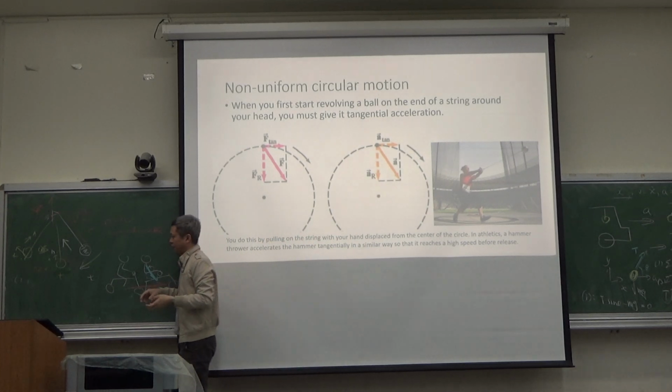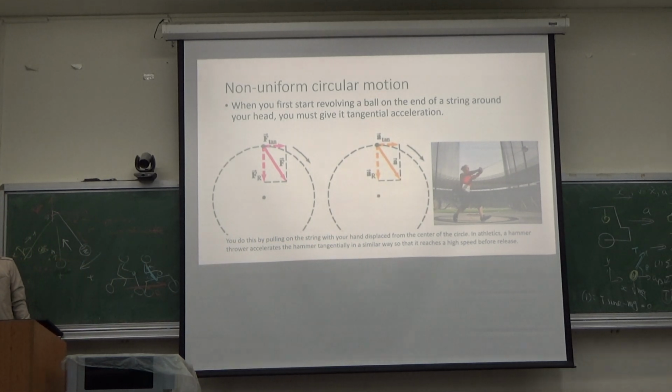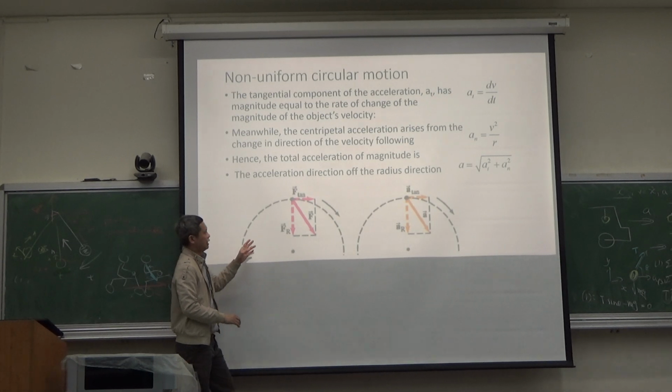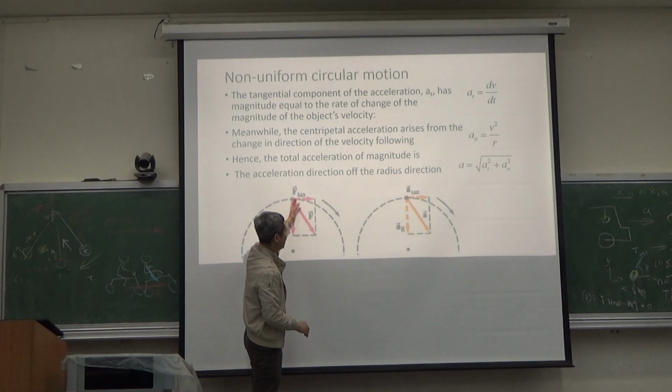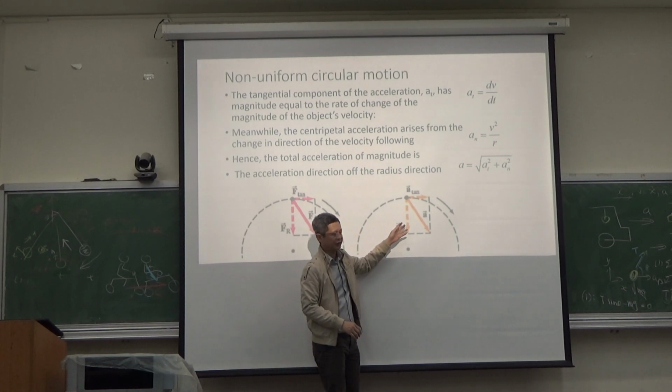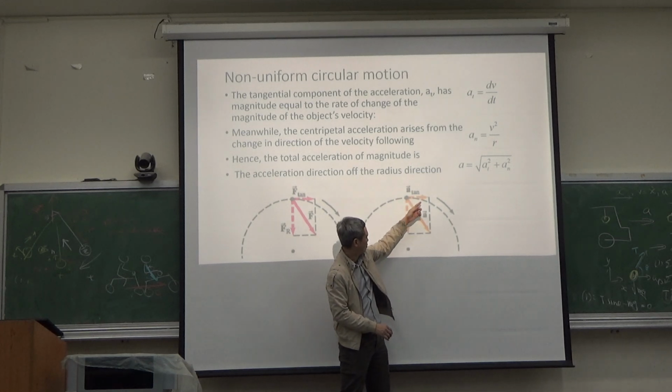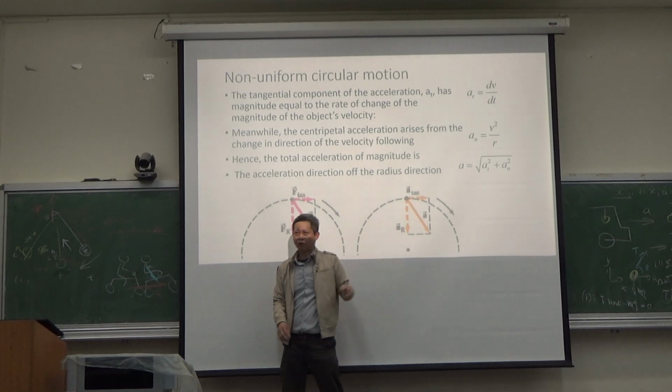That is to change the direction of the hammer. Okay. So as a result, you can see that the total force requirement is not tangent to the arc. Likewise, the total acceleration is not tangent to the arc, but it has a centripetal component. Okay?